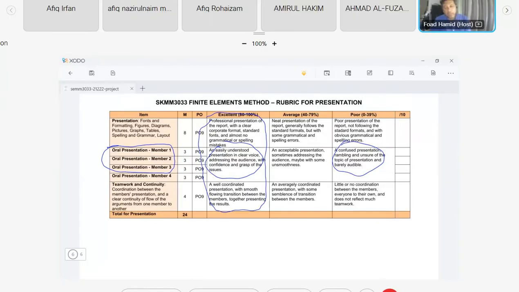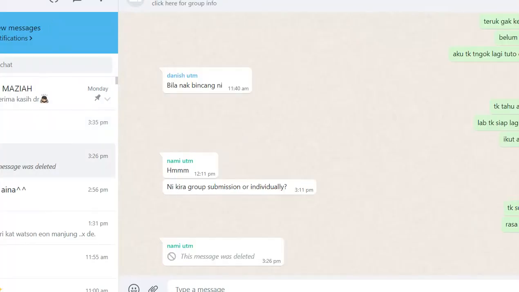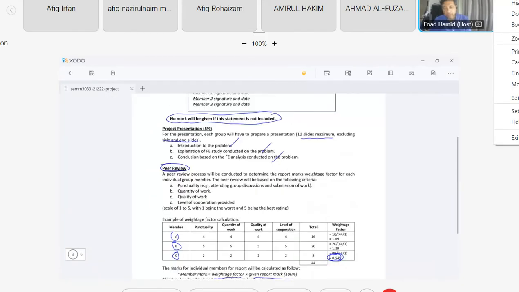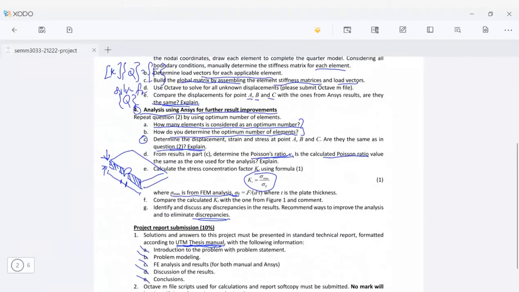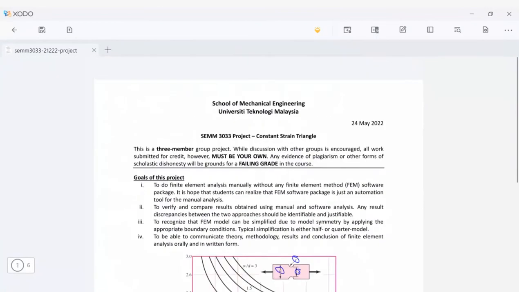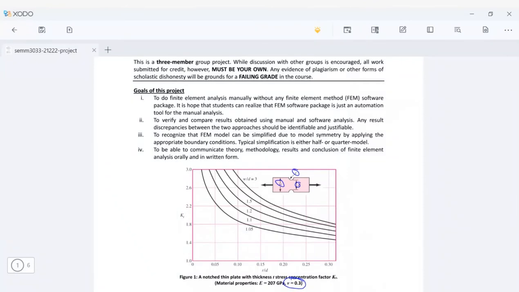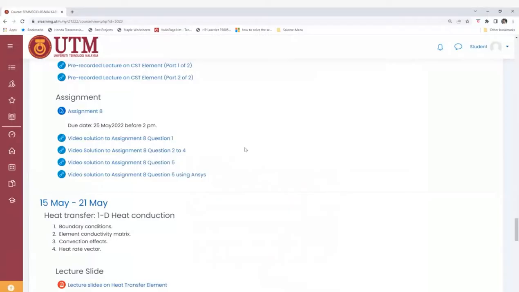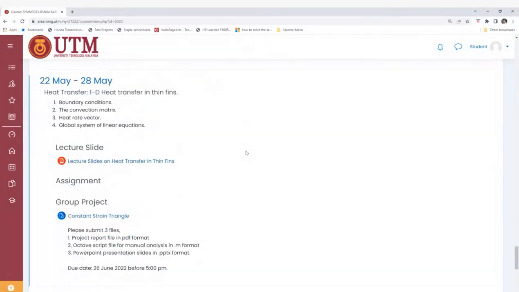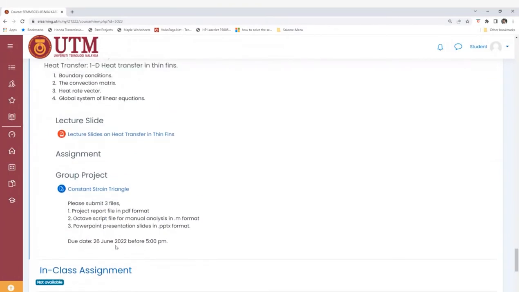Note that the due date is on the 4th of June. 24th of June. 24th of June. Assigned 24th of May. The due date, I think, is here. The due date is here, 26 June, about 30 days, or one month, from today. Because after that, you have one week for your study break.